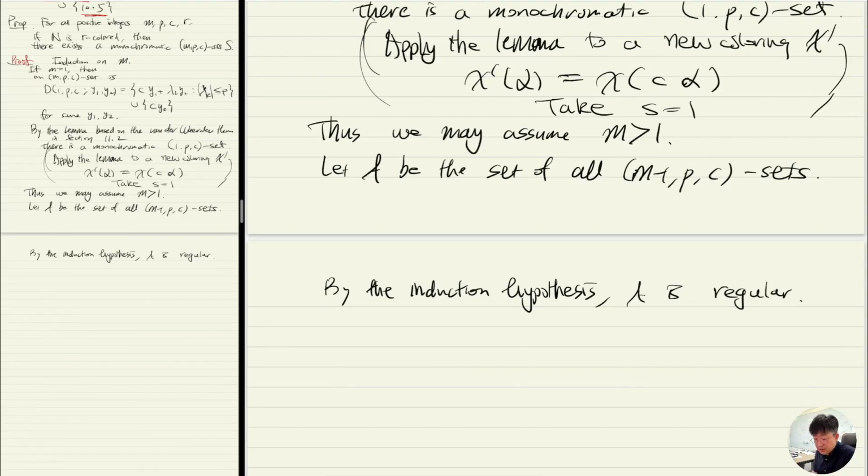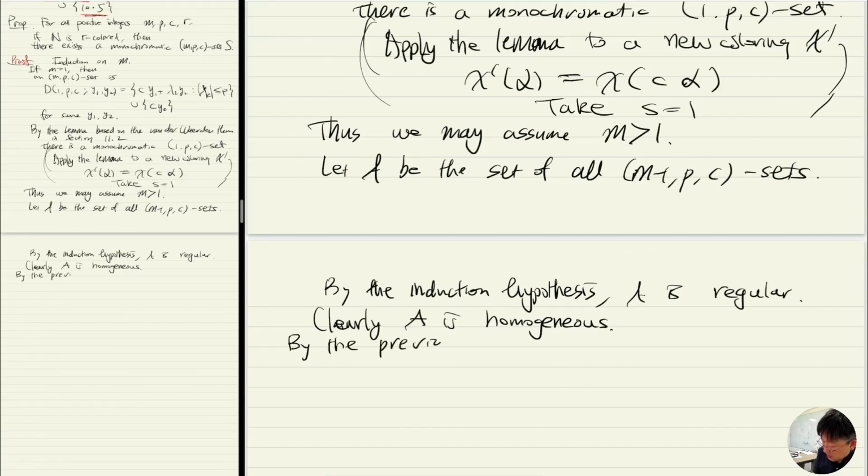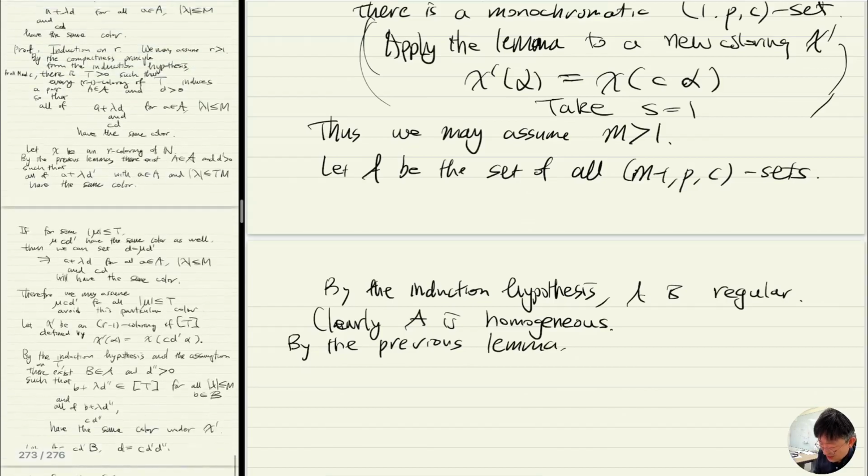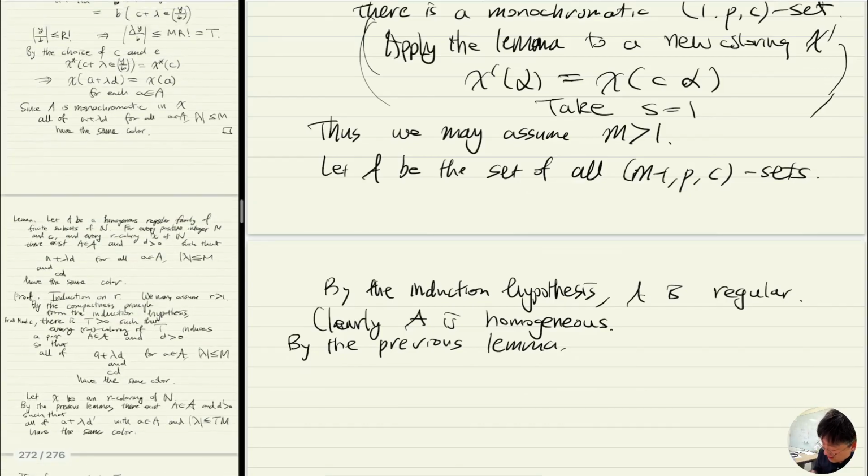No matter how I color, there is a monochromatic mpc set. And clearly A is homogeneous, right? If somebody is an mpc set, then you multiply by the same number, it's still an mpc set. So by the previous lemma, now let's see the meaning of the previous lemma.